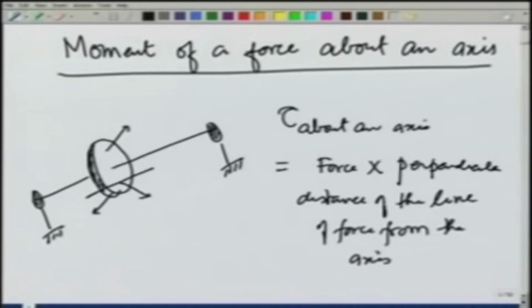Now, we will get more sophisticated now that we have mastered the vector algebra and so on, and define the torque about an axis in a slightly different manner, which I will show through an example is equivalent to what you have been learning.